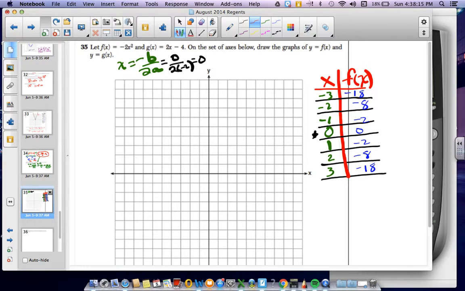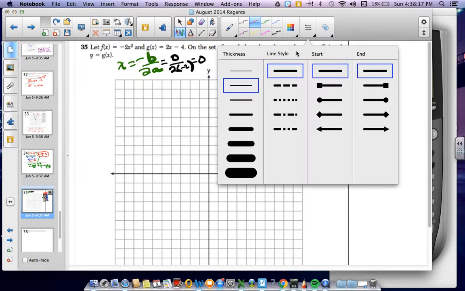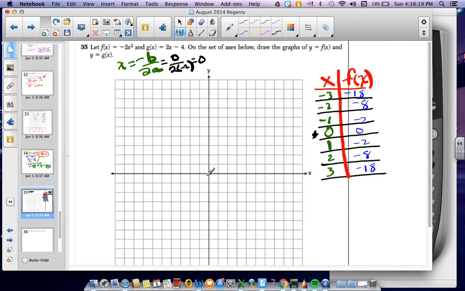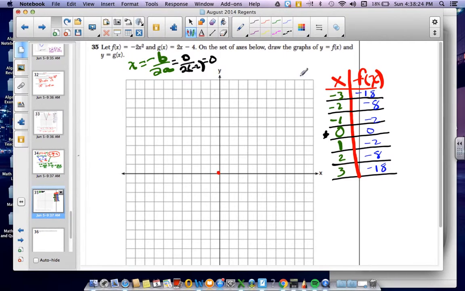Let's go to a pen. We'll do this one in red. And this is going to be a sad face parabola because of the negative sign. So negative 1, negative 2, 1, negative 2, and 2, negative 8, negative 2, negative 8.